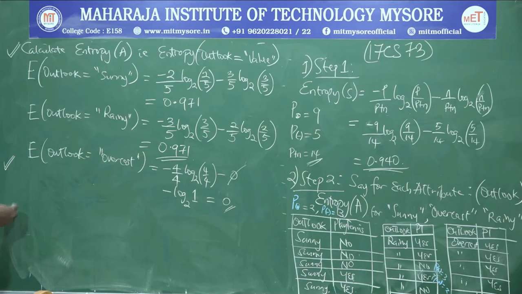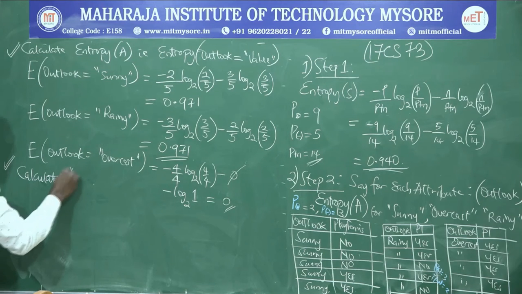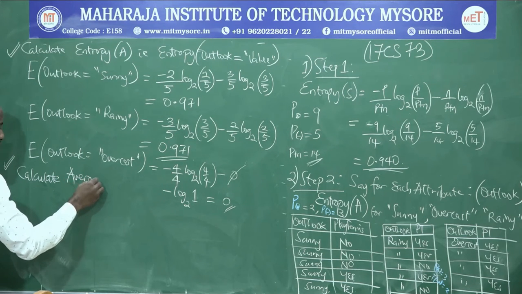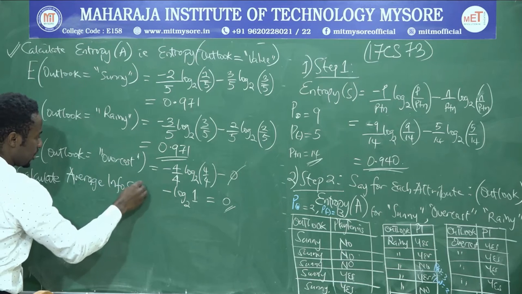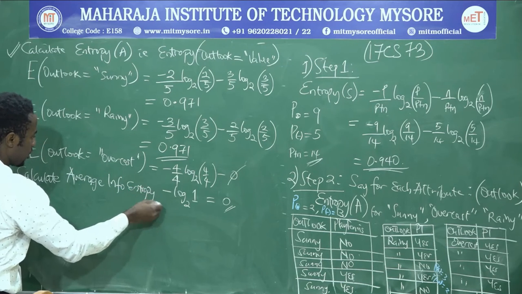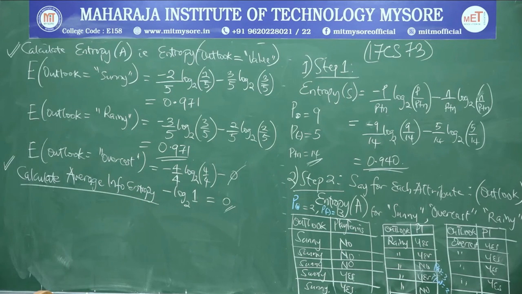See, this is lengthy as you can see. So we calculate the average information entropy. How do we calculate this? If you remember that formula, it says I of attribute.